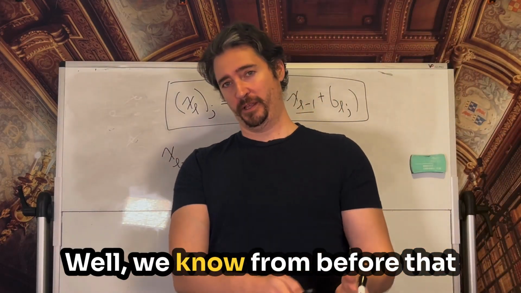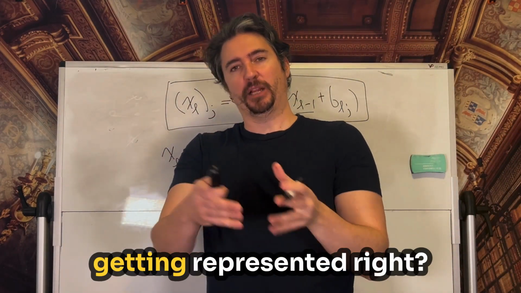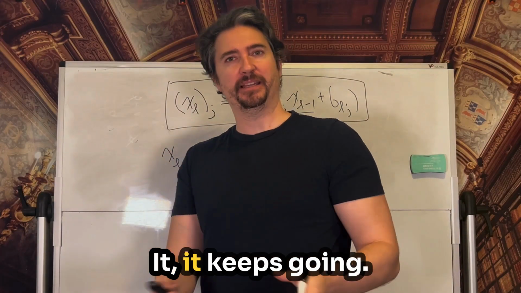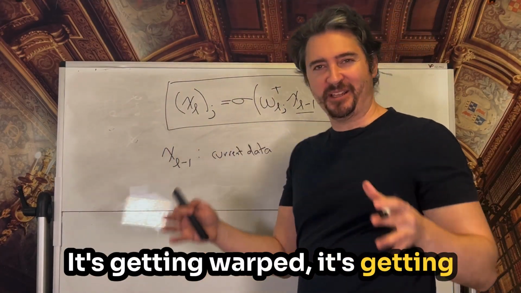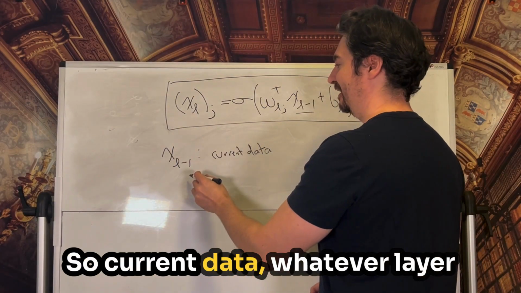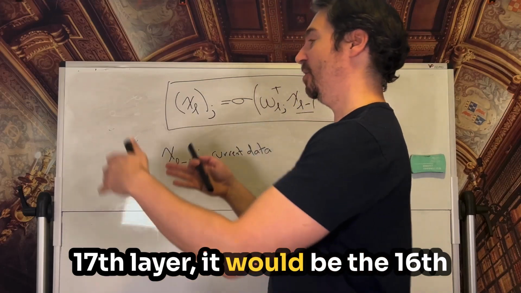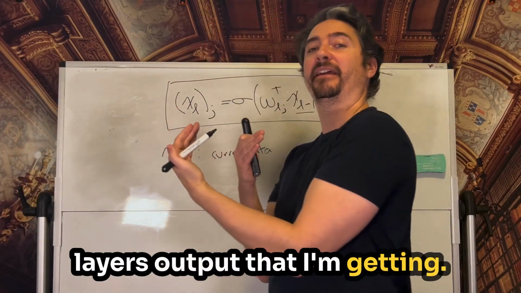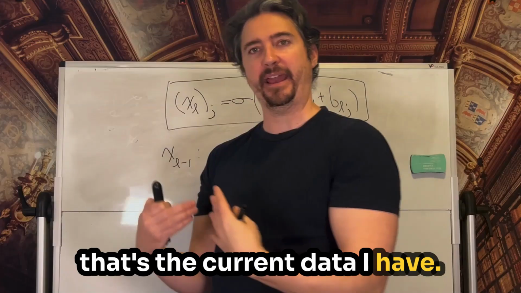We know from before that the data is trickling through this network and keeps getting re-represented. It's getting warped, massaged, whatever. So whatever layer you're at, if I was at the 17th layer, it would be the 16th layer's output that I'm getting. That's why you see the L minus 1. Whatever came before me, that's the current data I have.